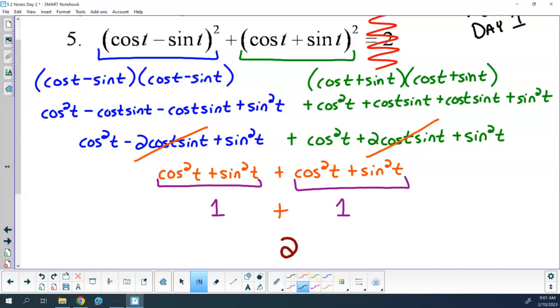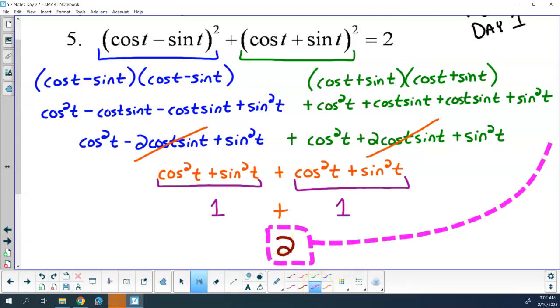And now, let me erase back up here. Oops. And now, two is 2. So we're done. We got it to be what we're looking for.